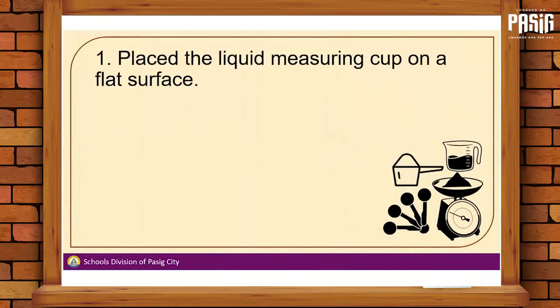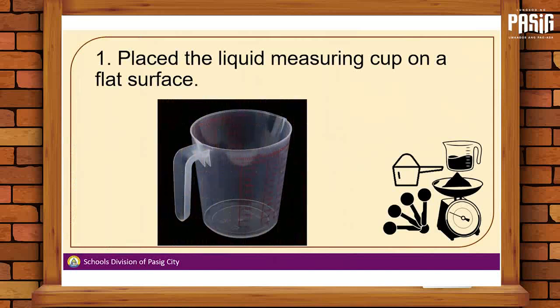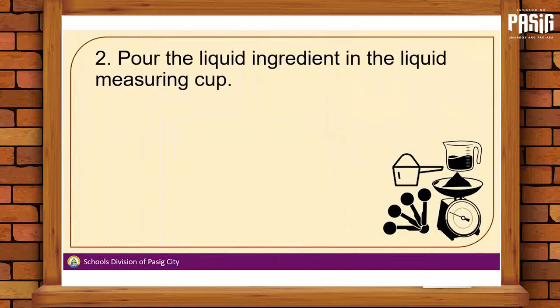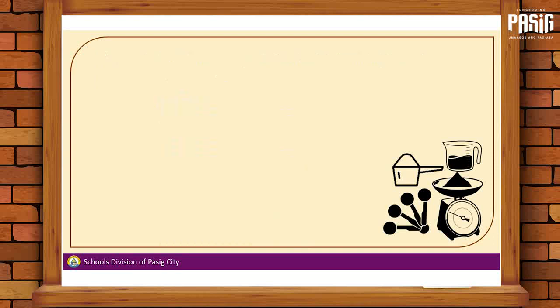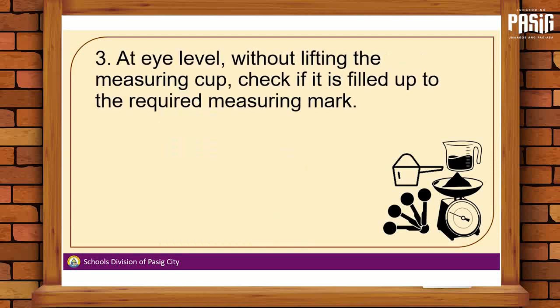Place the liquid measuring cup on a flat surface. 2. Pour the liquid ingredient in the liquid measuring cup. And 3. At eye level, without lifting the measuring cup, check if it is filled up to the required measuring mark.